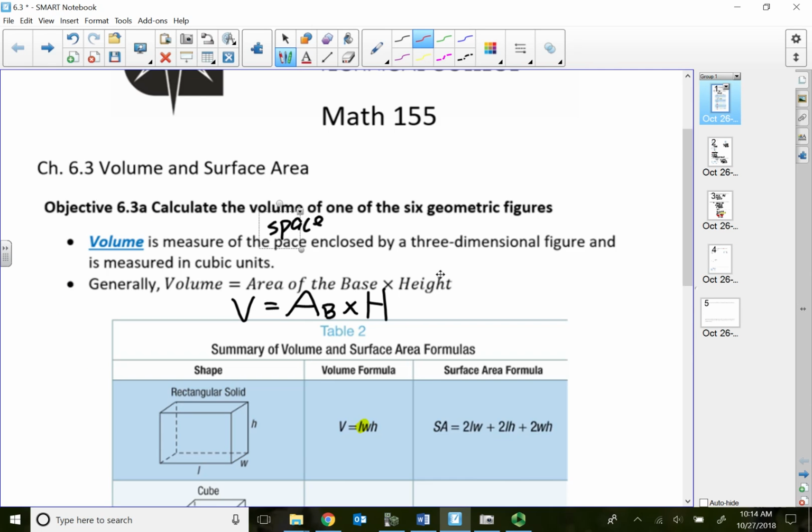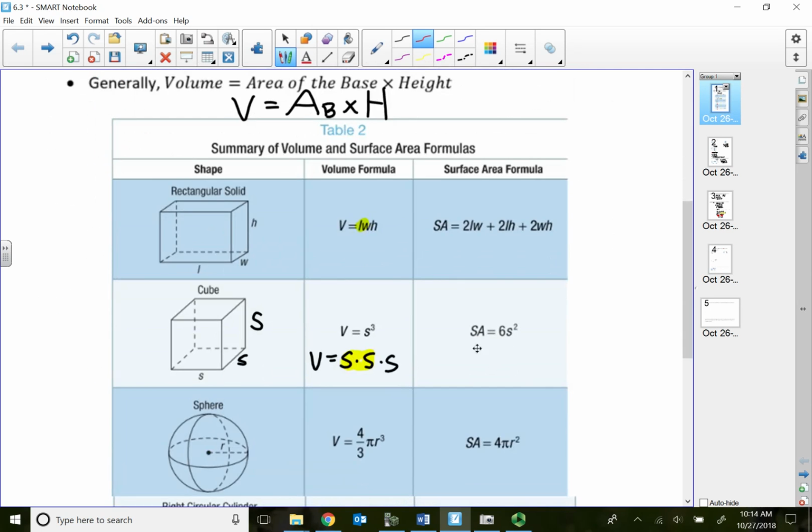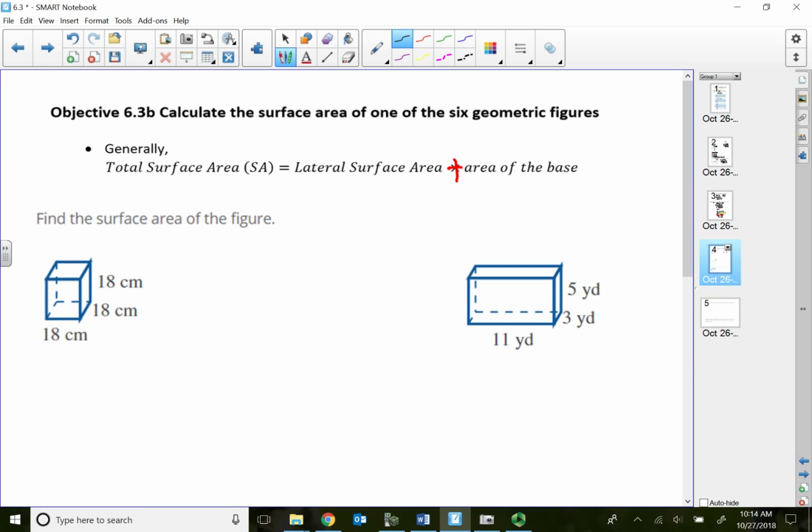So this is a cube, all right? For the cube, the total surface area is 6 times s squared. So that will be 6 times, the side is 18, squared.